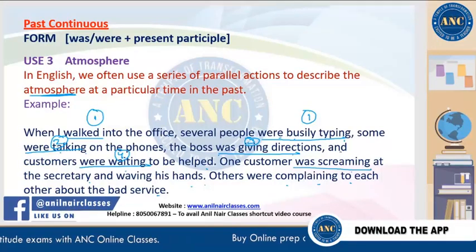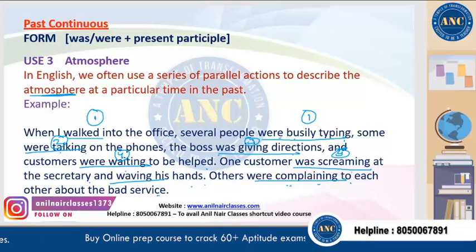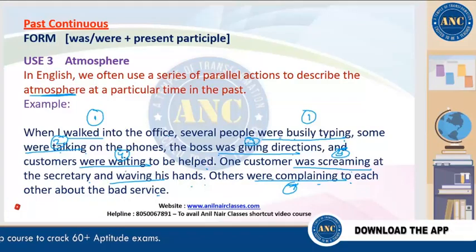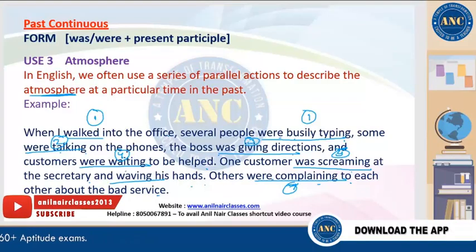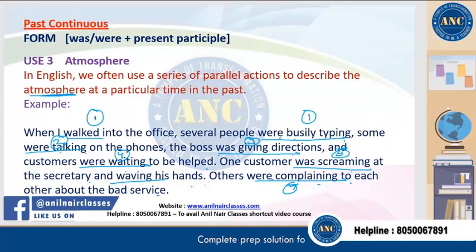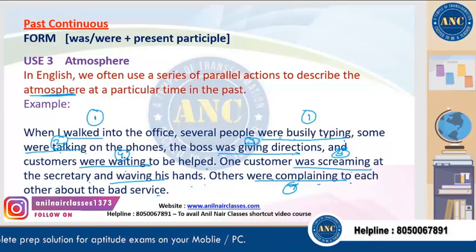So was screaming and waving his hands, were complaining. So you have six to seven actions continuing at that time, right? Like atmosphere, you are explaining the atmosphere or the environment of that particular place in the past. That environment continued for some time. So that is why we will use the past continuous.